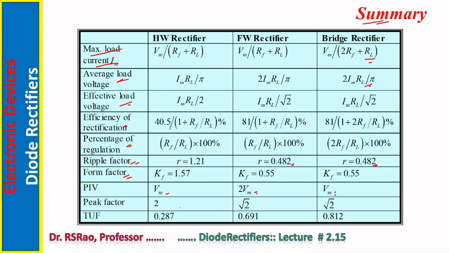Peak factor is 2 for the half wave rectifier, root 2 for the full wave rectifier, and the same for the bridge rectifier. Transformer utilization factor TUF is 0.287 for the half wave rectifier circuit, 0.691 for the full wave rectifier, and 0.812 for the bridge rectifier circuit.